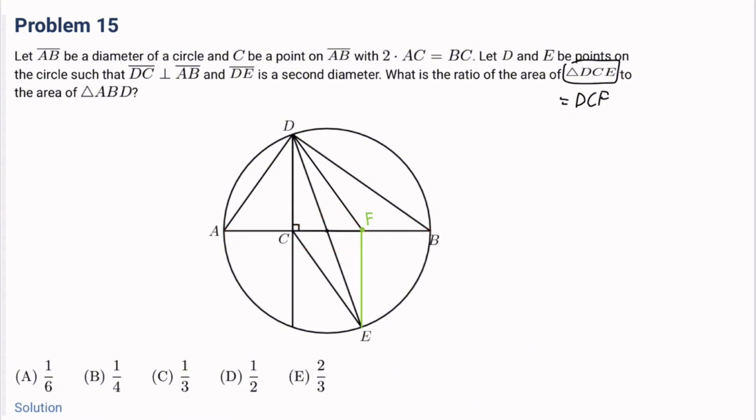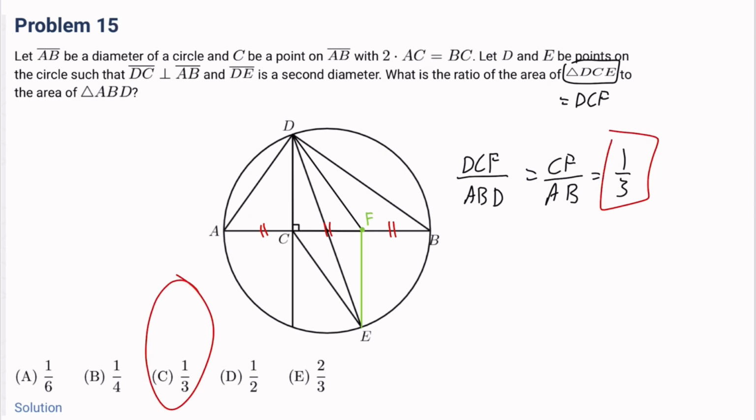And we have said before that AC equals CF equals BF, right? So DCF over ABD is going to be equal to CF over AB, which is 1 over 3, right? So 1 over 3 is the answer, it's C.